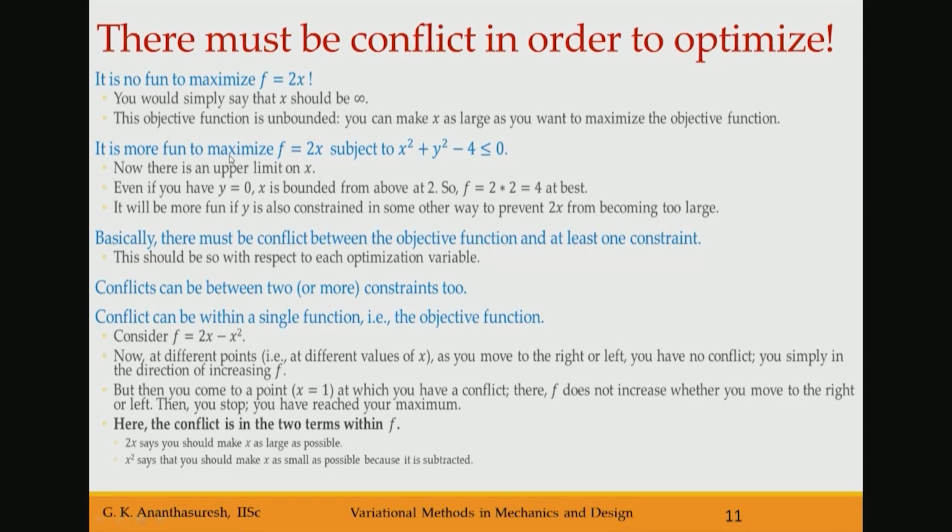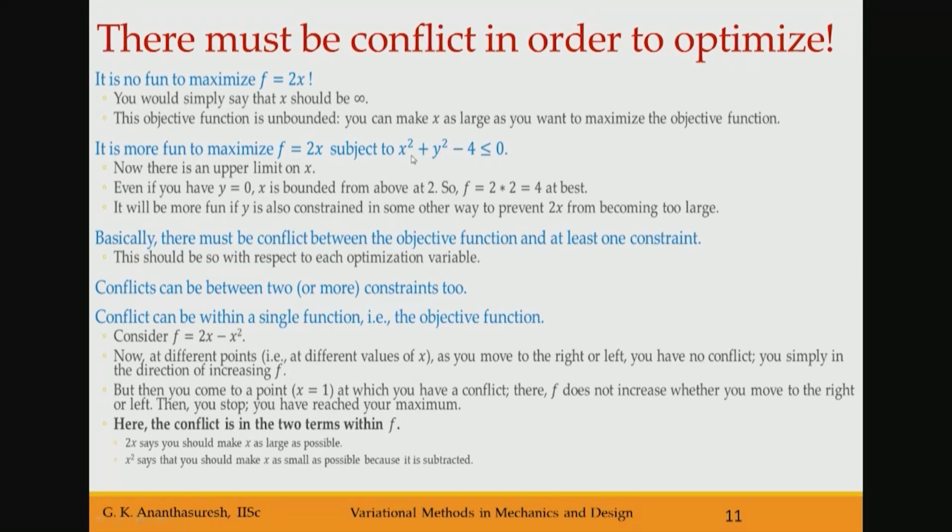If you want to maximize f equal to 2x subject to a constraint like x square plus y square minus 4 is less than or equal to 0, then it is somewhat interesting, because this one limits you, even if you take, let us say, y equal to 0 here. Y can also vary as a variable.